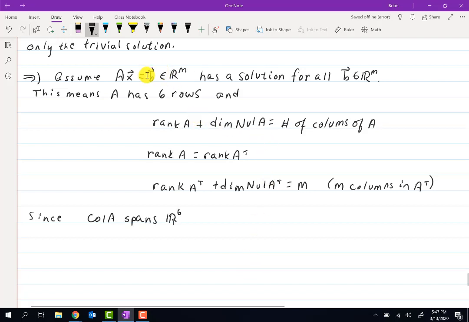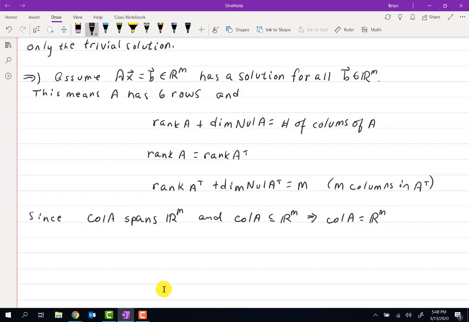The linear combinations of the columns of A can give us any possible B in R^m. So the column space of A spans R^m, and the column space of A is a subspace of R^m. So the column space of A equals R^m.